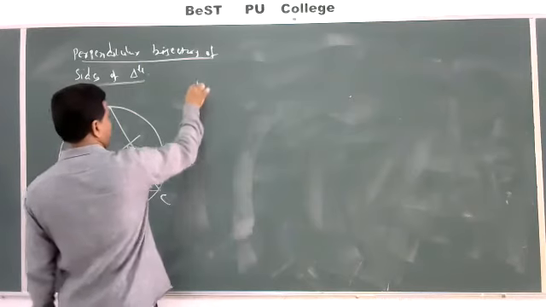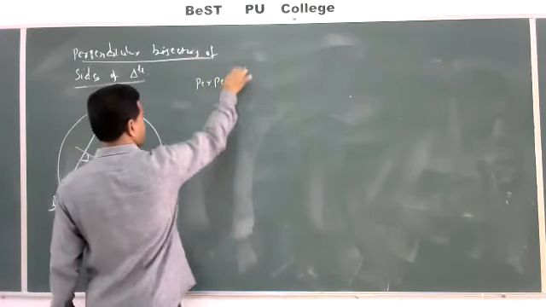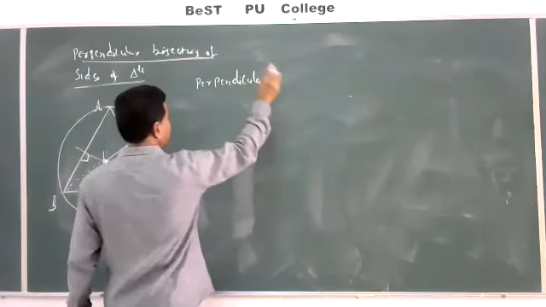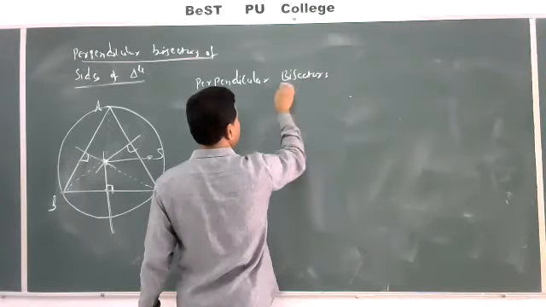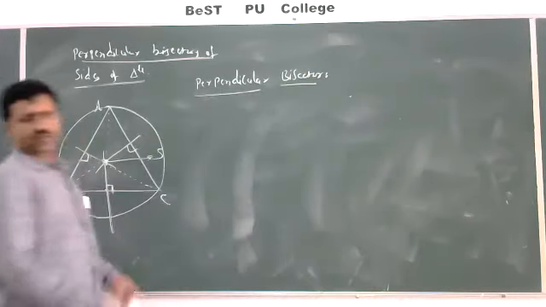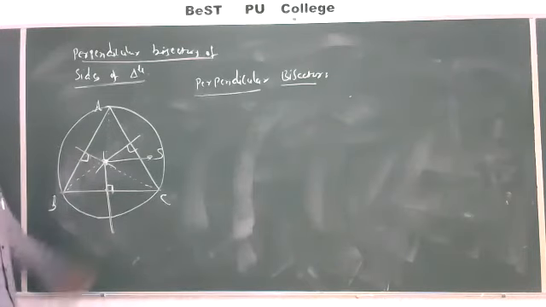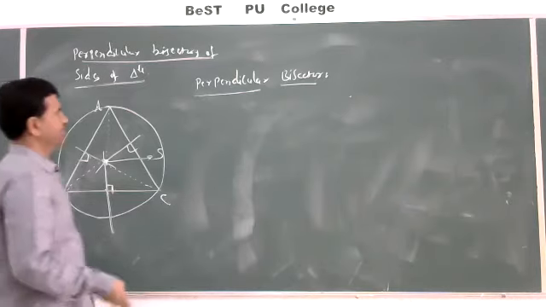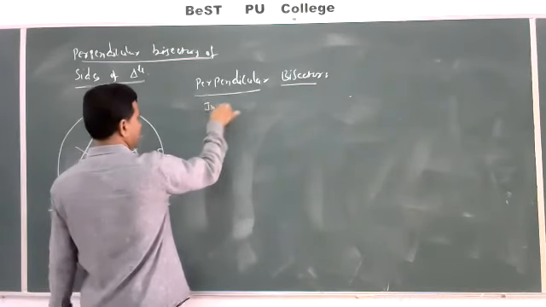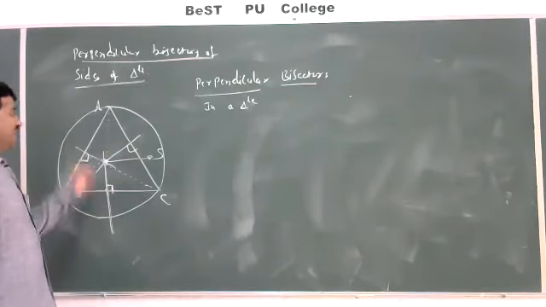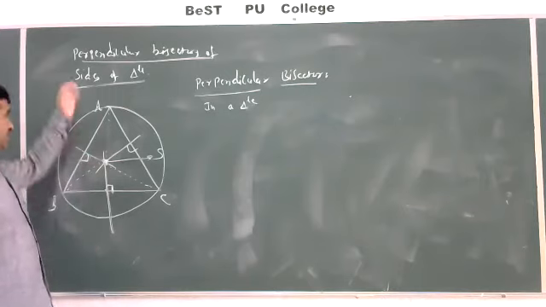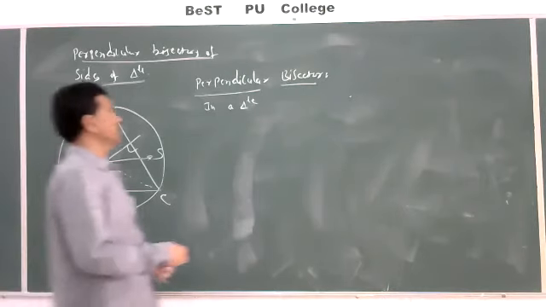Perpendicular bisector. In a triangle, the line, here I am using only line, not line segment, and we can extend this line anywhere around.